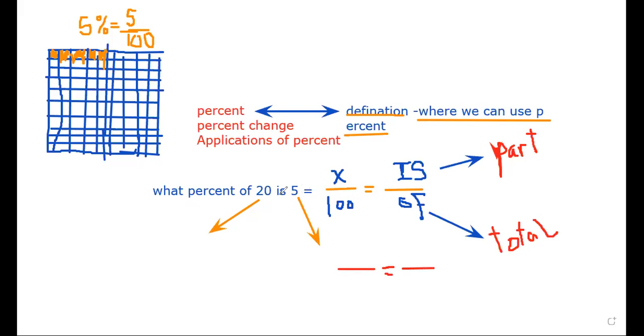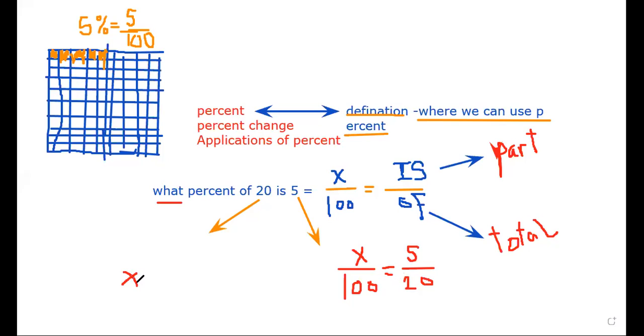I don't know the percent, so I put x. Percent, I put 100 down. Then "is 5", so I put 5. And after the word "of", we have 20.